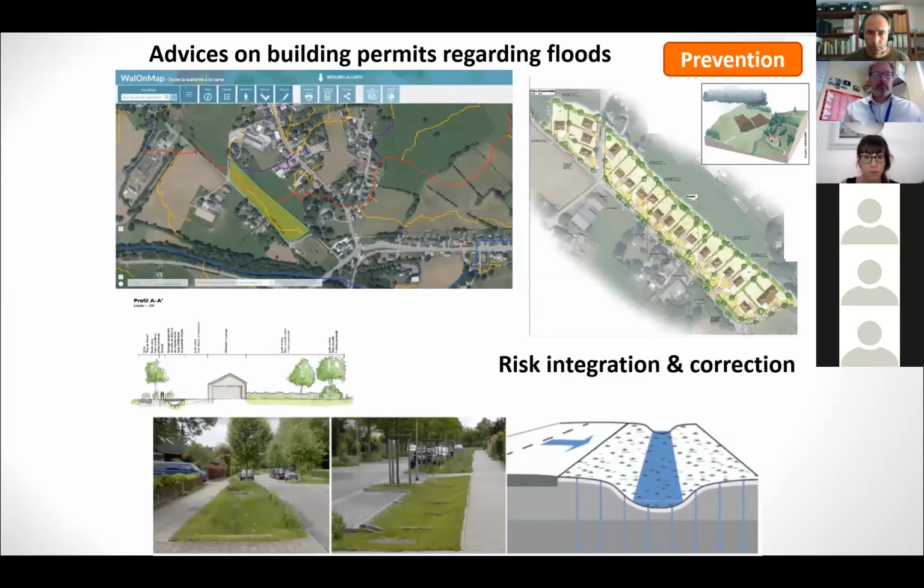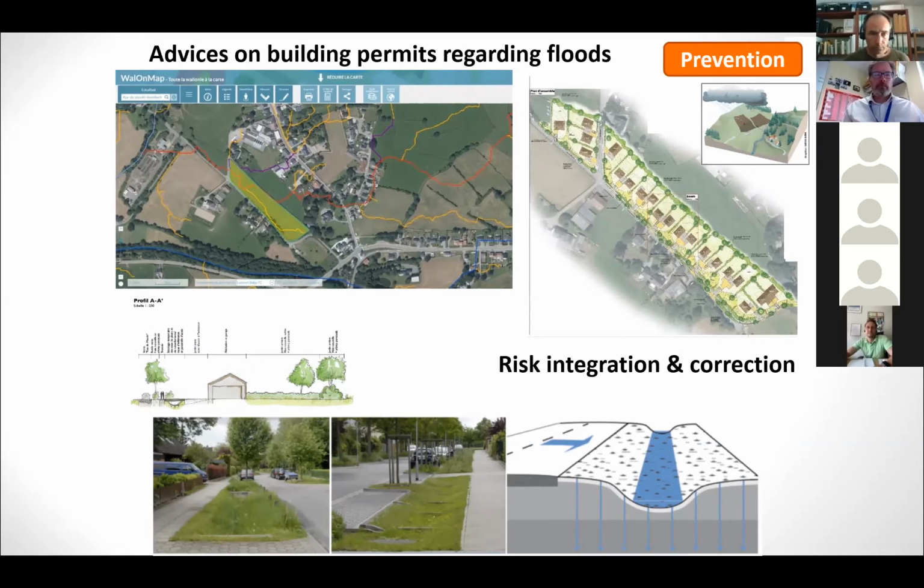Yes, and so the advice begins with the general overview, with the map, and then we zoom to the parcel level, so you see at the right, and then at the street level.